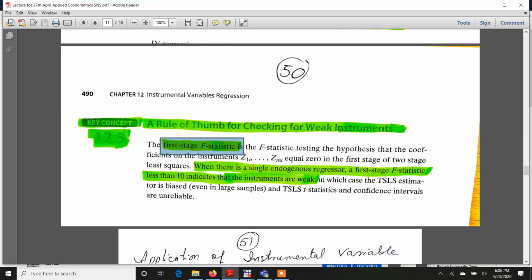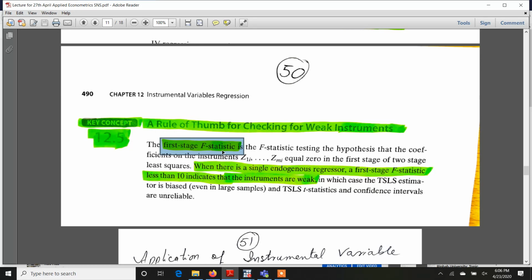I will show you shortly that whenever you run the instrumental variable regression in STATA or any statistical software, it reports the first stage regression as well if you click on particular links or icons that I will be discussing shortly. So if you have the first stage regression, of course the F statistic will also be there.